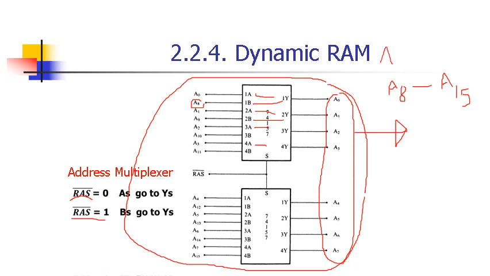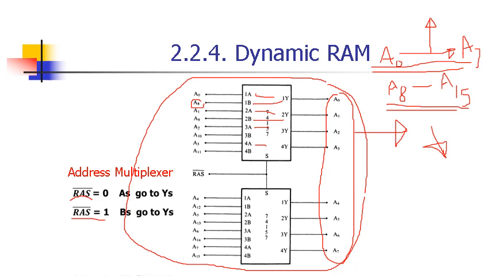So first you provide A0 to A7, the first 8 bits, then you provide A8 through A15. So these are two addresses. Maybe you are trying to communicate with two memory chips, two dynamic RAMs. This is the first address of your chip, and this is the address of the second chip.